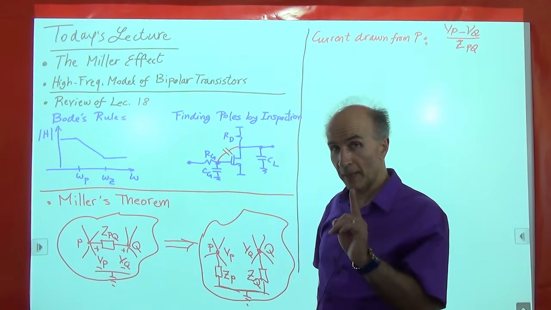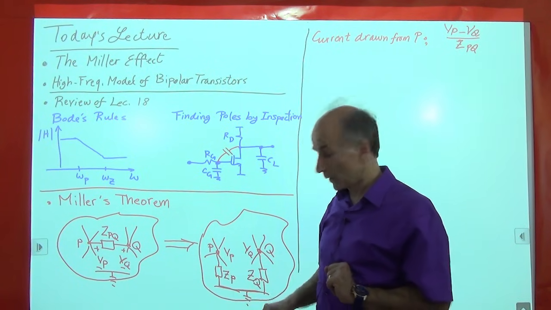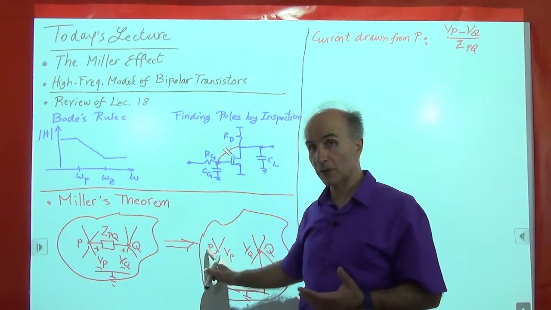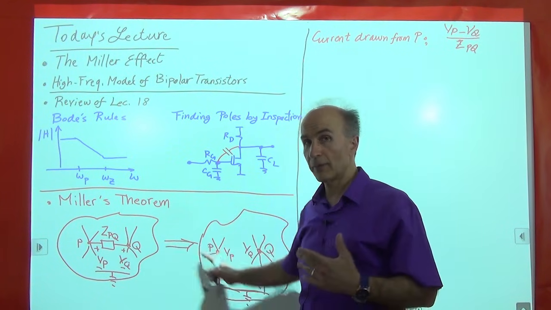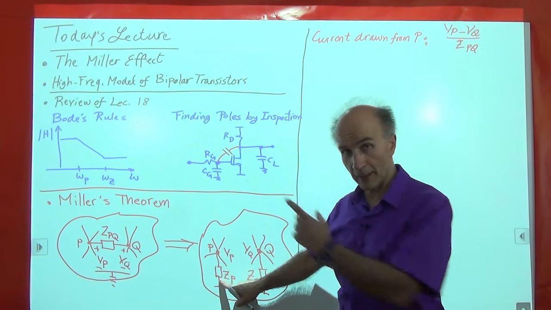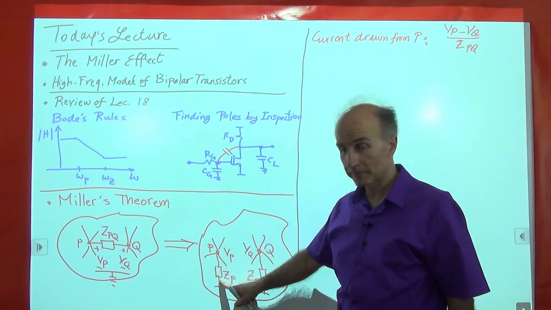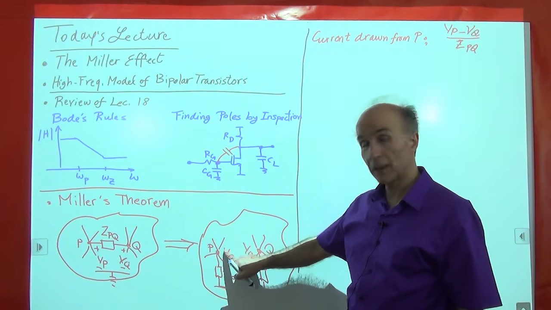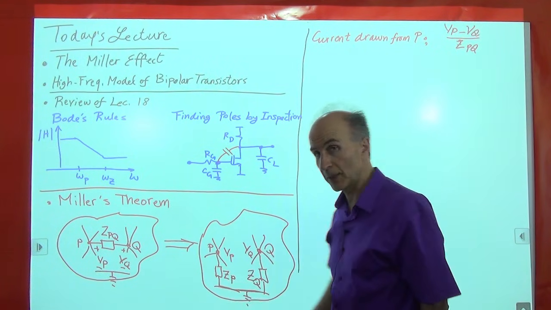Okay, so that is the current that this branch is drawing from node P. Now, what do we expect to happen in this circuit? Well, this branch should draw the same current, so that this part of the circuit does not feel the difference between these two. So the current through this branch has to be the same as what we calculated over there. How much is this current? Well, one side is 0, one side is VP. So it's VP over ZP.